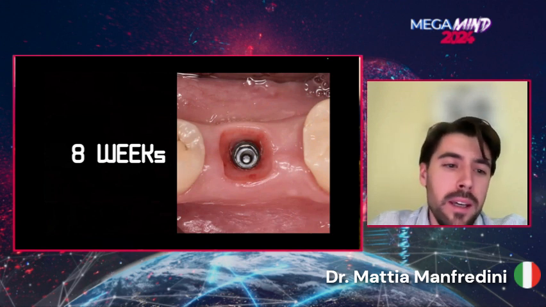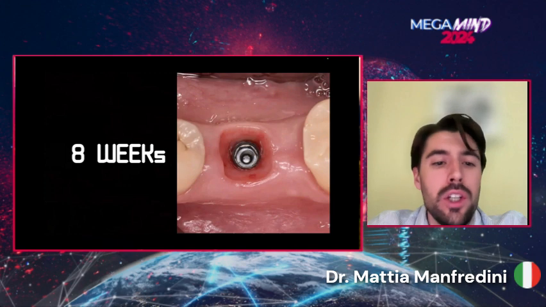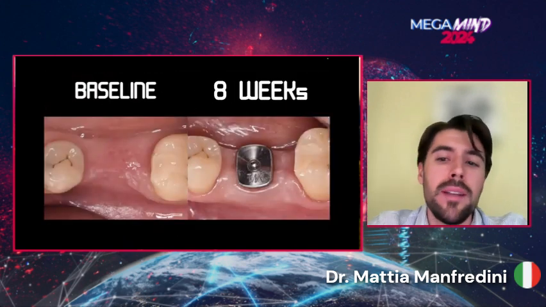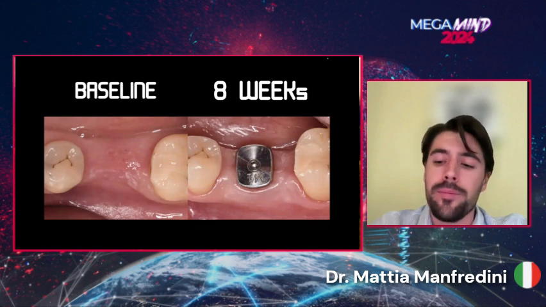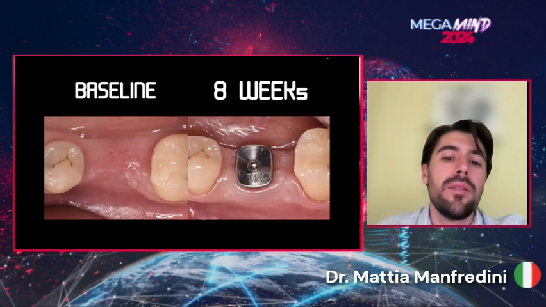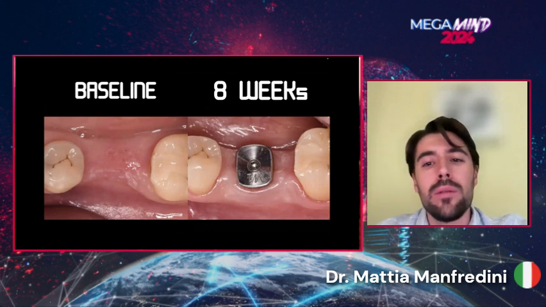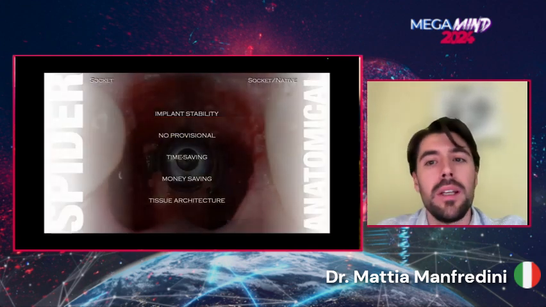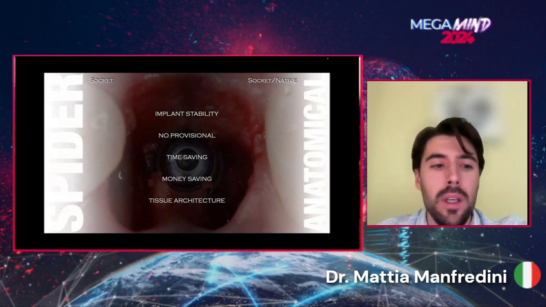Also, in this technique, we need to give the technician the information of the transmucosal tissue in order to replicate them in the definitive restoration. And you can compare the defect prior to surgery and at the delivery day, where the soft tissue defect was treated with a soft tissue graft combined with the anatomical healing abutment.